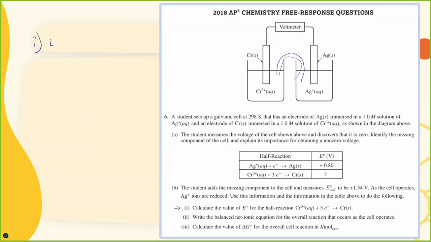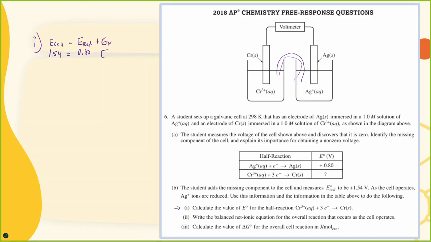We have E cell equals E red plus E ox. Now it tells me that as the cell operates, silver is being reduced, so that's going to be this number. It's being reduced. So this is 1.54.